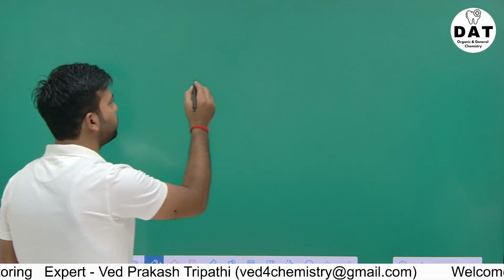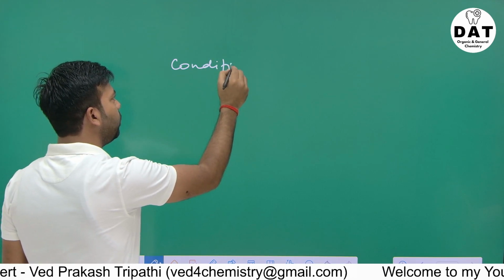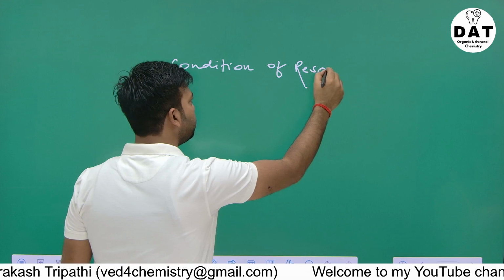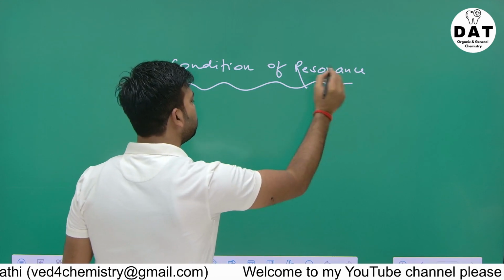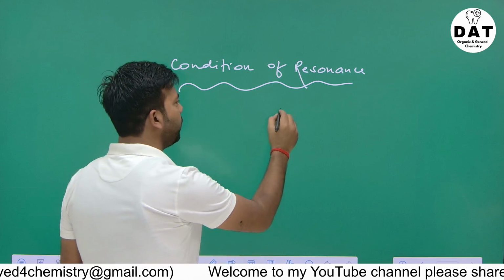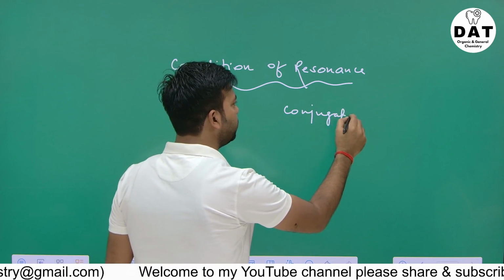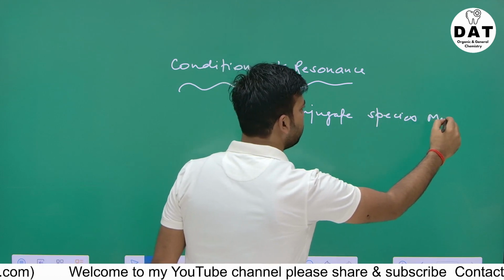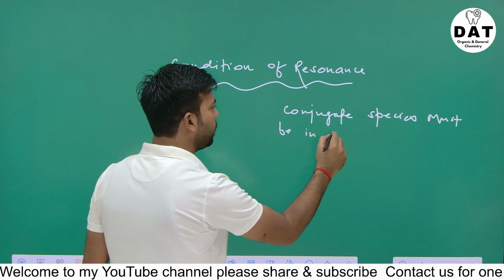So let's start how we can use this information in identification. Now there is a condition of resonance. Here we can say conjugate species must be in alternate position.